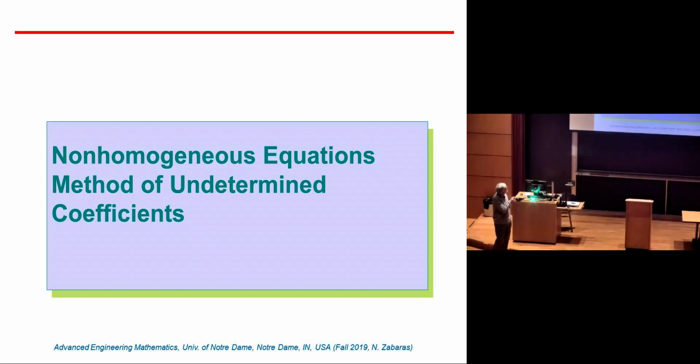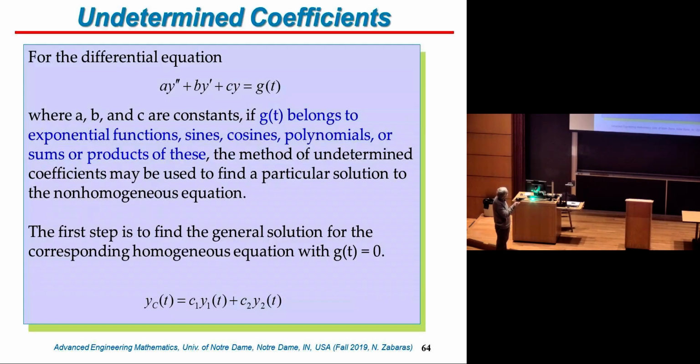If we have this with constant coefficients, we're going to address situations where the right-hand side is exponential functions, sines, cosines, polynomials, or sums or products of these easy functions, okay? So there is basically a laundry list of formulas, where you should immediately know what the solution looks like if G is one of these simple functions, okay?